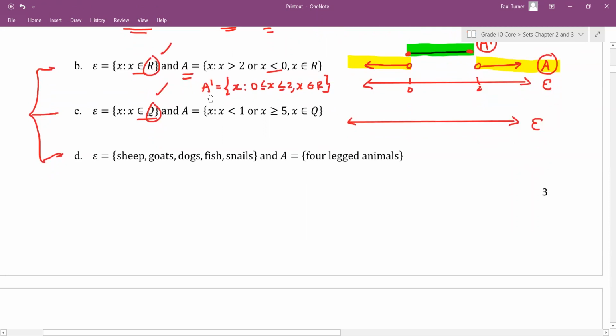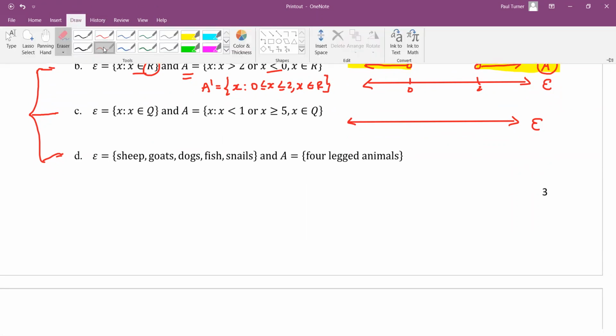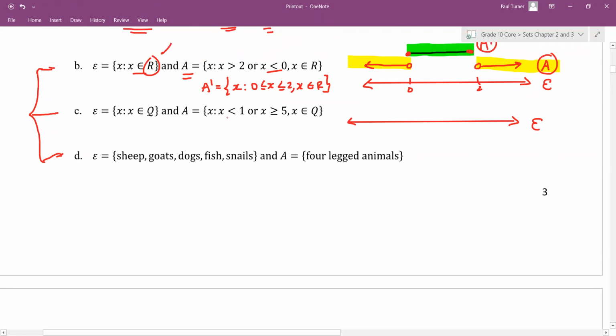All right, so for C, even though it's rational, that's any number that can be written as a fraction. So this would be an infinite set anyway. So we'll just use a number line again. So here it says A, X is less than 1. So 1 is here, and less than, so use an open circle.